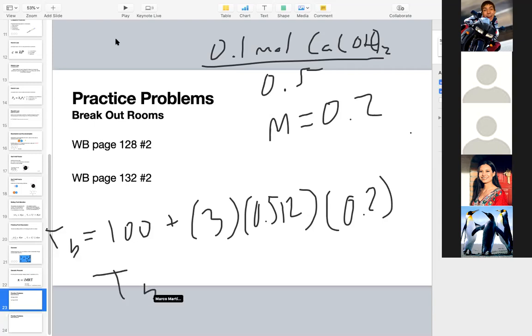And TB will be 100.512 times 2 times 3. So TB will be equal to 100.31. So yeah, good catch, Sophie. This would be our new boiling point temperature.